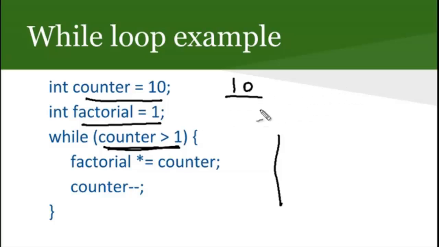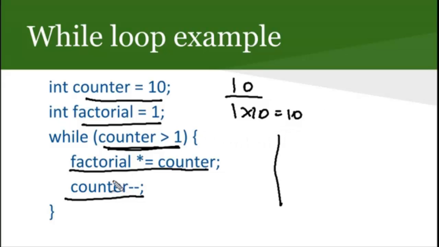Counter is currently 10. So the factorial statement will be executed, and the value of factorial will become 1 times 10, that is 10. And with counter minus minus, the value of counter will be decreased and it will become 9.